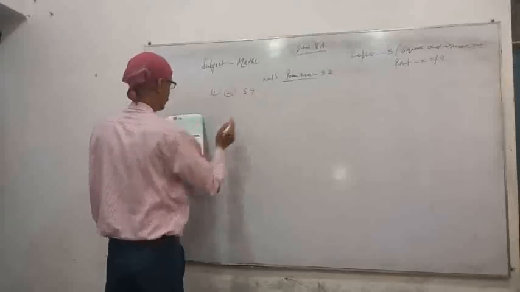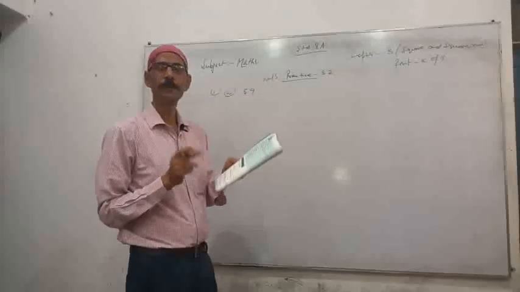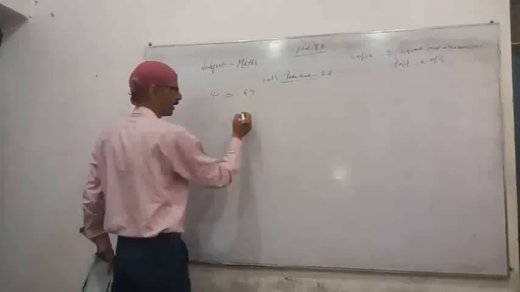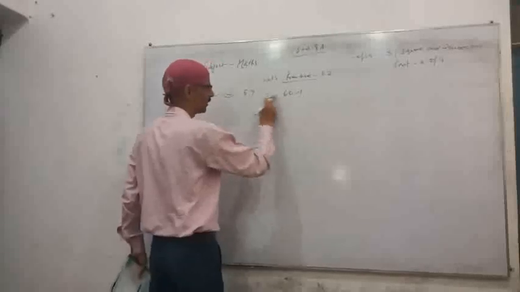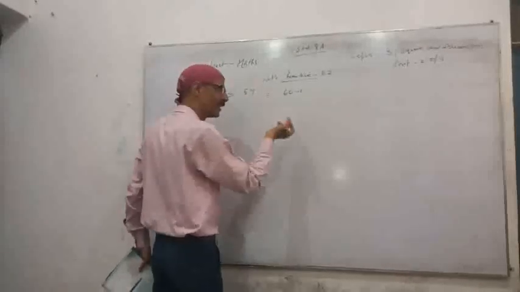The question is 59. You have to find the square of the following numbers. So you can write 59 as 60 minus 1. You have to find the square of the given number.